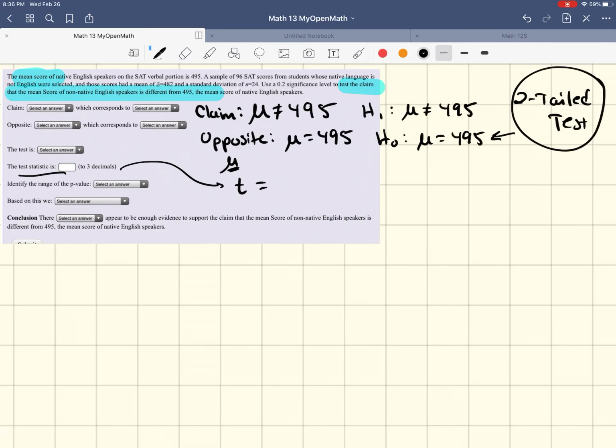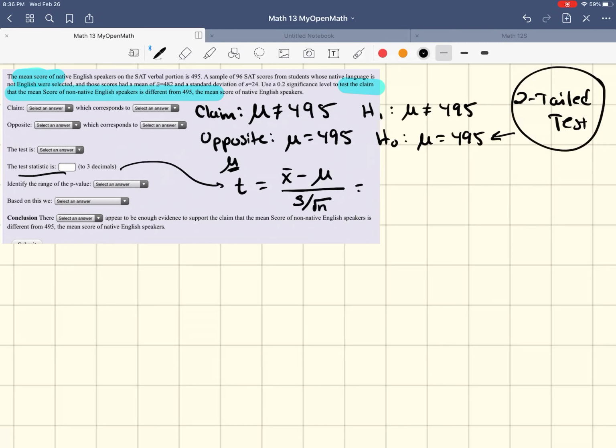Another reason is that we do know the sample standard deviation, but not the population standard deviation. And if you remember, that formula was the sample mean minus the population mean divided by the sample standard deviation over the square root of n. That is going to be our test statistic.